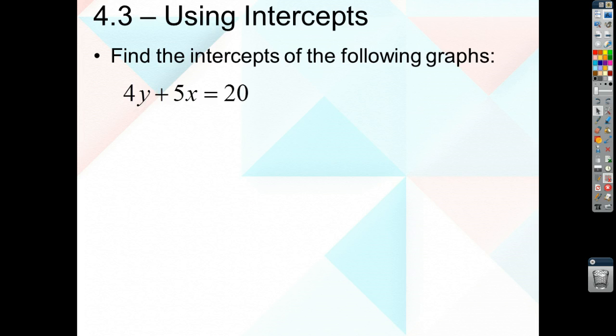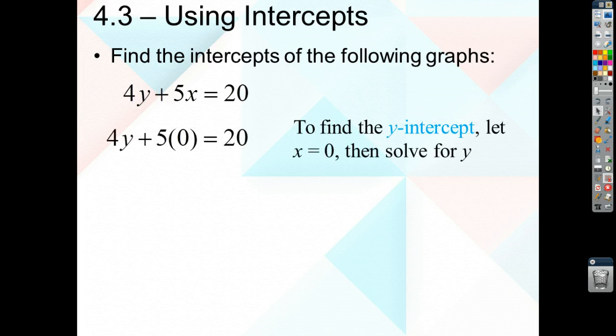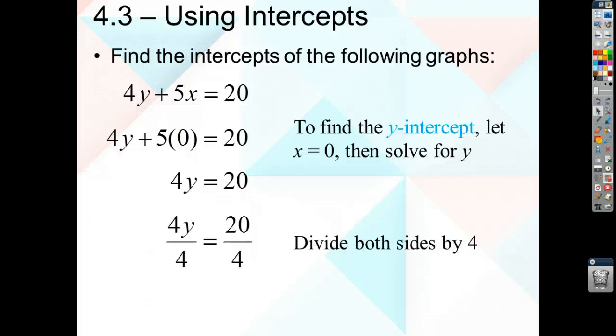We make x equal to 0, and the nice thing here is that it goes to 0. It basically disappears. So 4y is equal to 20. Divide by 4, and I end up with y is equal to 5. So my y-intercept in this case is (0, 5). 5 is the result. 5 is what comes out. It's the output when I plug in 0.